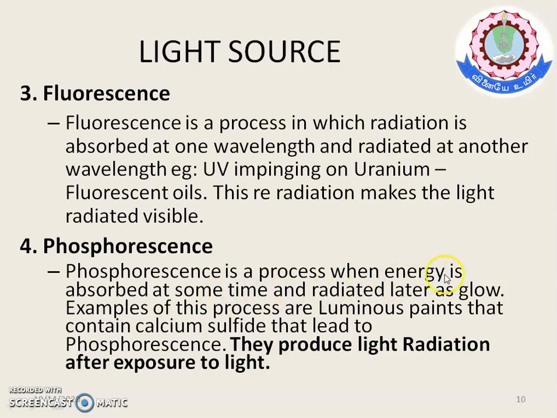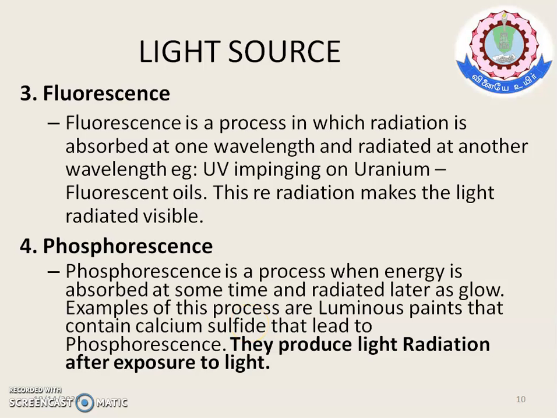Phosphorescence is a process when the energy is absorbed at some time and radiated later as a glow, so it is almost like a storage purpose. Examples are luminous paints that contain calcium sulfide, which lead to phosphorescence. They produce light radiation after being exposed to light. Like the night stickers you replace, they reflect like that. When you observe light and then it glows back, this is phosphorescence.